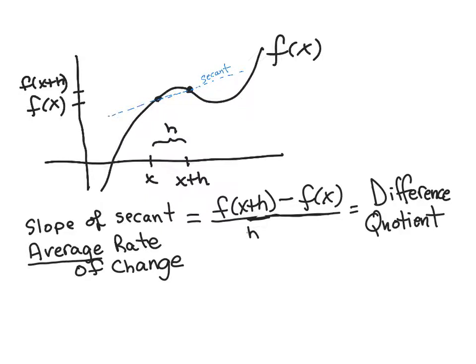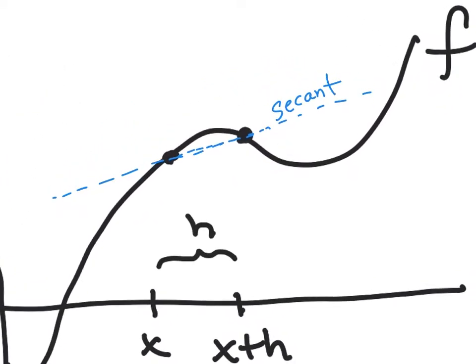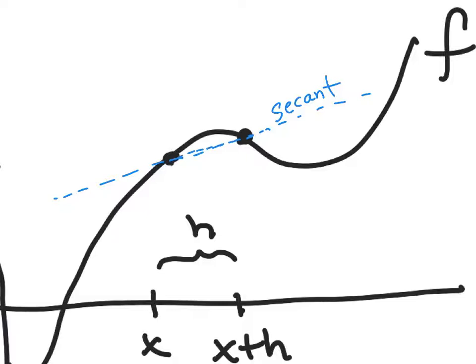Now, in the real world, average rate of change is great, but sometimes you need an instantaneous rate of change. So let's pretend that h shrinks down until it's a 0. So we want to take this x value and squish it down to here, which will take that y value, that point. Okay, h is going to go to 0.